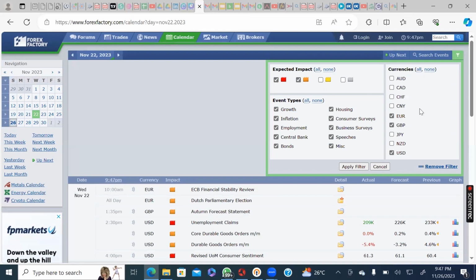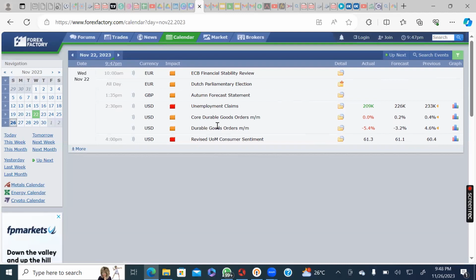If you're trading pairs like Australian dollar, Canadian dollar, Swiss franc, Euro, GBP, then you can tick the currencies you want. For me, I mostly trade Euro, GBP, and USD. That's why I have these three, and you tick all these ones to apply the filter to help you filter the news and give you the most important ones.